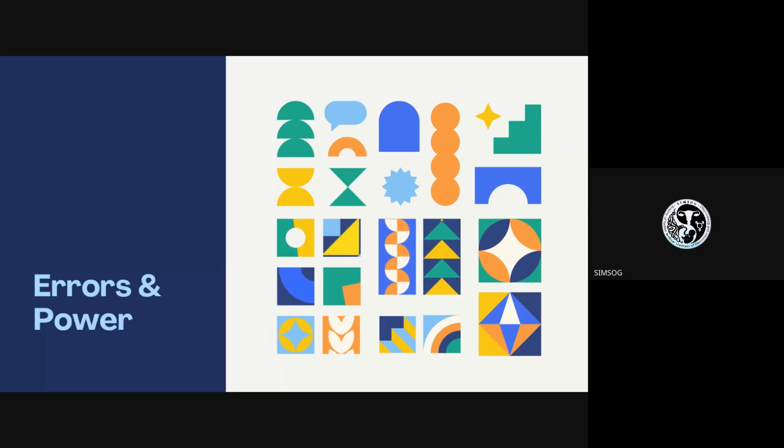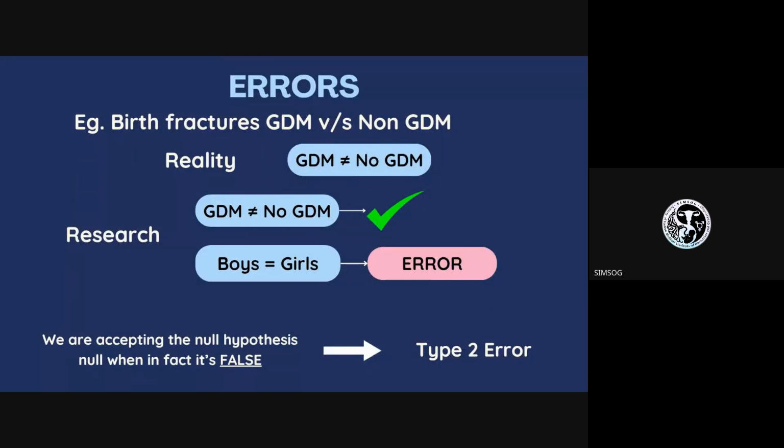But now the point here is, while doing this, we may come across some errors. For example, let's take birth fractures in GDM babies versus non-GDM babies. What we know in reality is that GDM, that is gestational diabetes mellitus, babies are more prone to birth fractures and birth trauma compared to babies of mothers without gestational diabetes, because gestational diabetes mellitus causes macrosomia, right? But we still want to do research, like imagine this was not known years back.